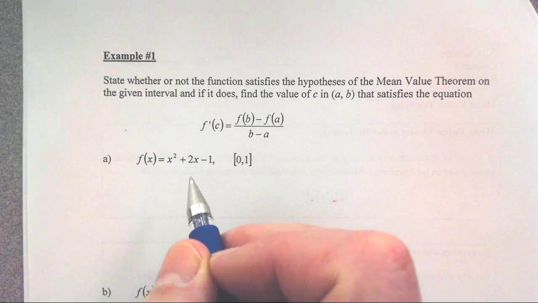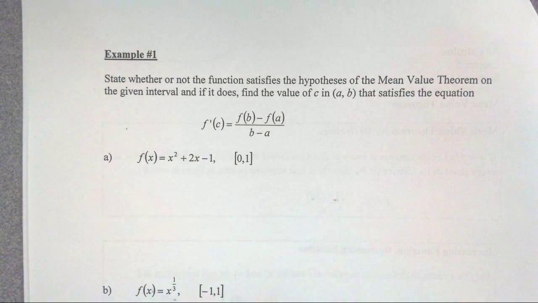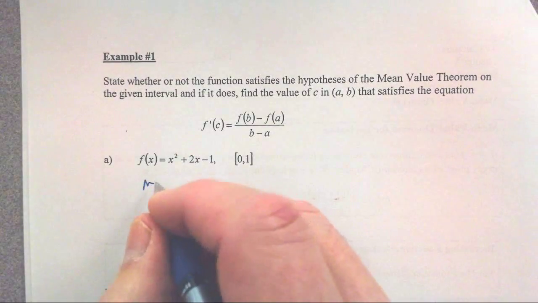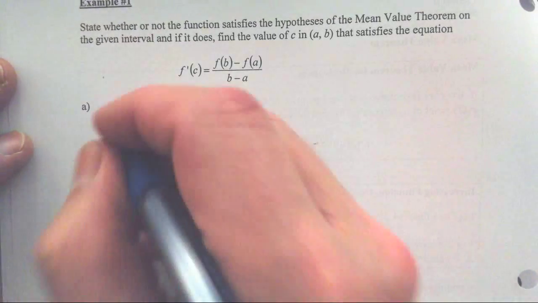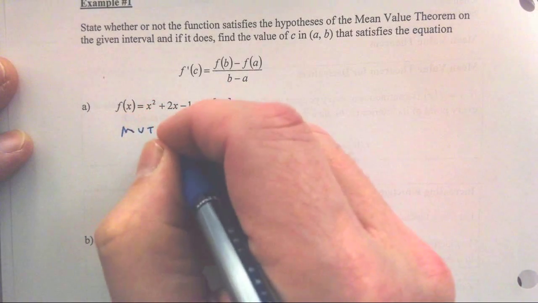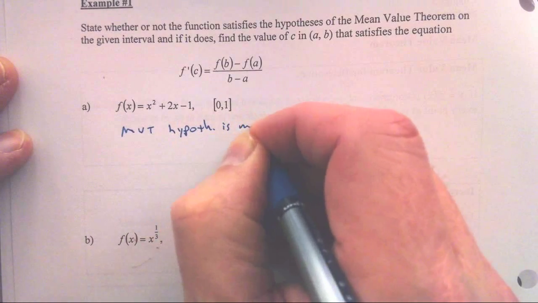We know that this is a parabola. Polynomial graphs are always continuous, are always differentiable. So the mean value theorem for derivatives, the hypothesis is met.